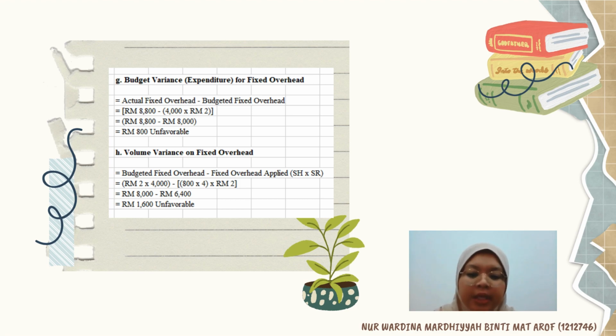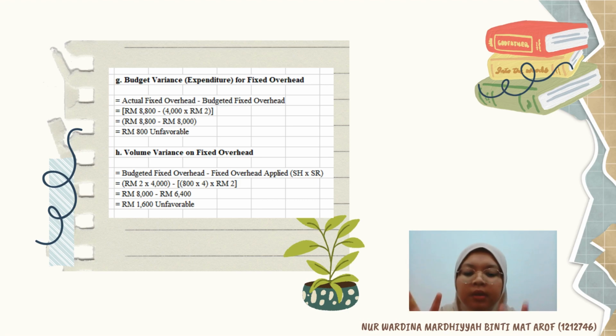The next one is H, which is volume variance on fixed overhead. The formula is budgeted fixed overhead minus fixed overhead applied, SH times SR. Budgeted fixed overhead is 2 ringgit times 4,000 units, and then we minus fixed overhead applied, which is 800 units times 4, and then times 2 ringgit.